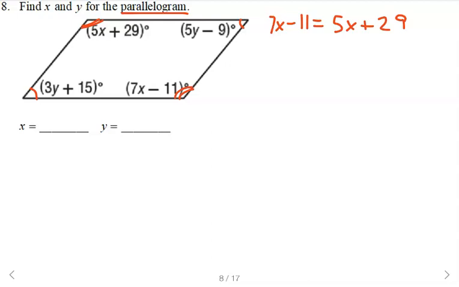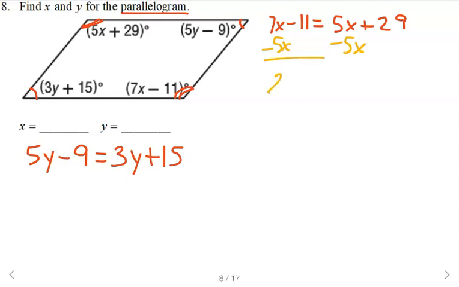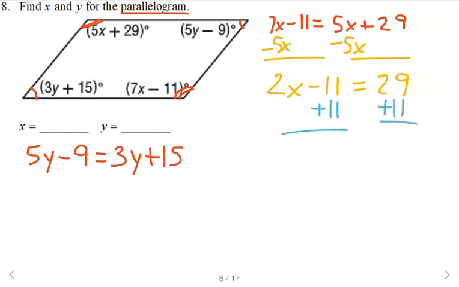And then for the y's, we could write 5y minus 9 equals 3y plus 15. So solve each of these, get your x's together, subtract 5x from each side. 2x minus 11 equals 29. Two-step equation from here, add 11. We get 40 and then divide by 2.